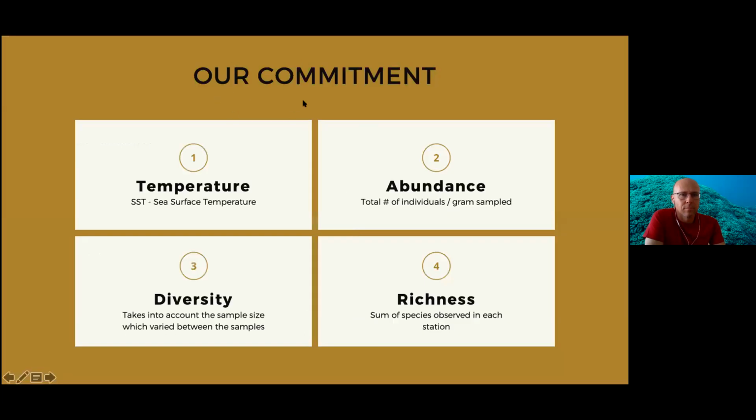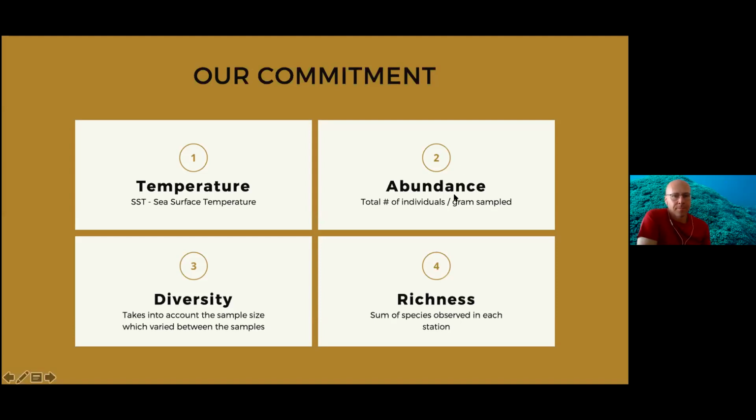One of the things that they've been studying is the main factors: temperature, abundance, diversity, and richness. Temperature is sea surface temperature. This is the environmental factor that changed the most throughout the study.